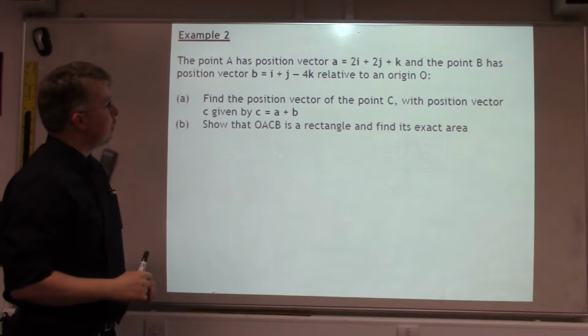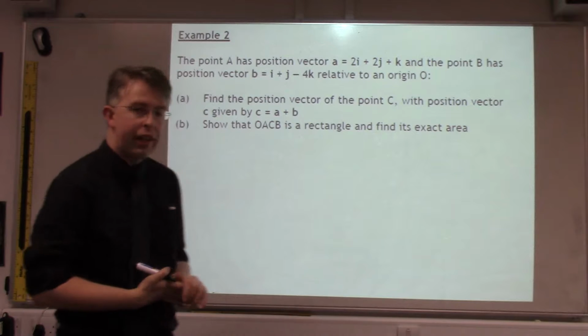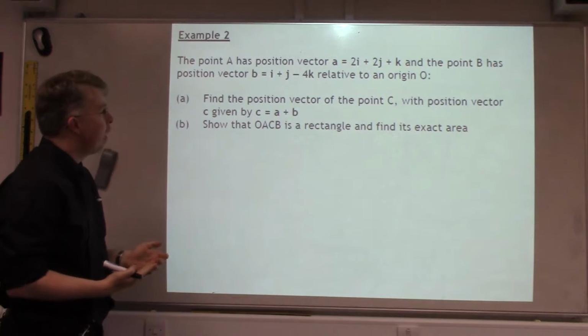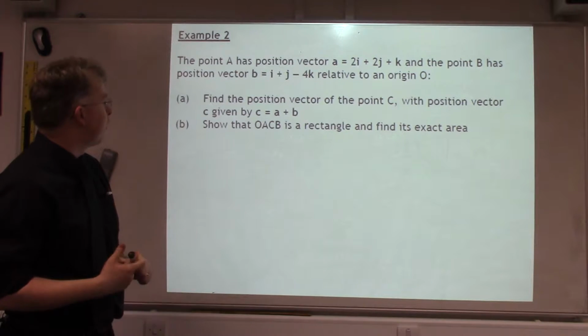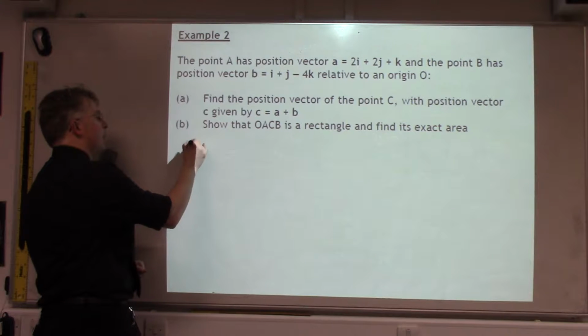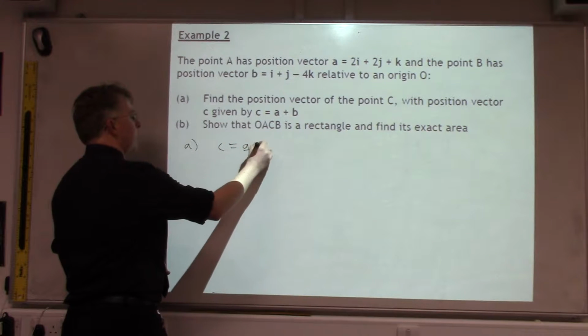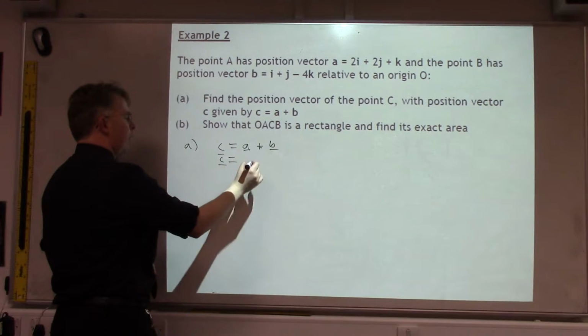The point A has position vector A equals 2i plus 2j plus k. Point B has position vector i plus j minus 4k relative to the origin O. Find the position vector of the point C, given by C equals A plus B. That's fairly straightforward.